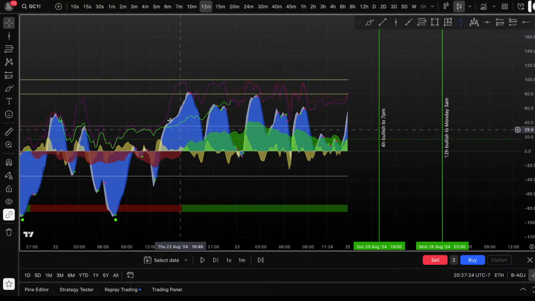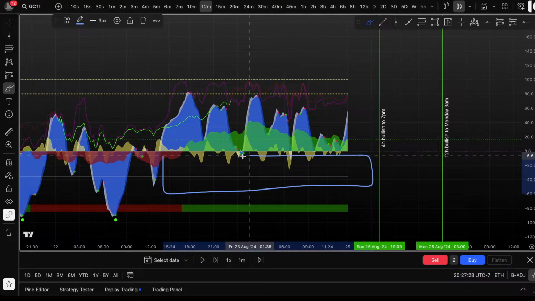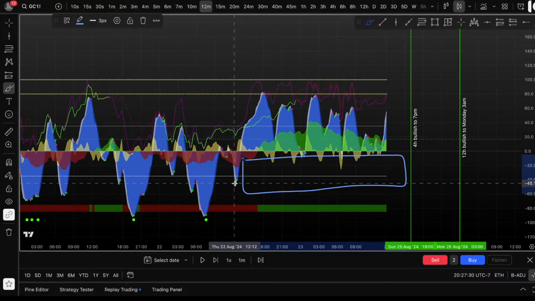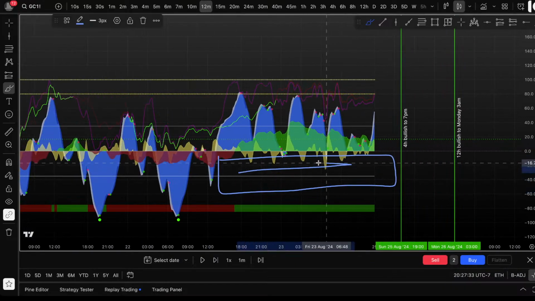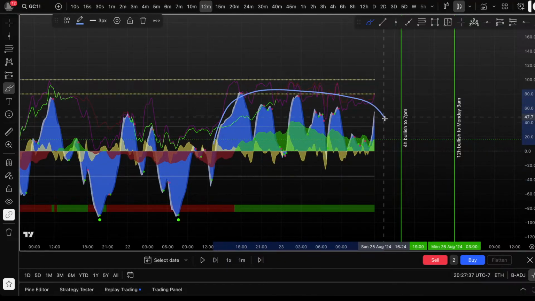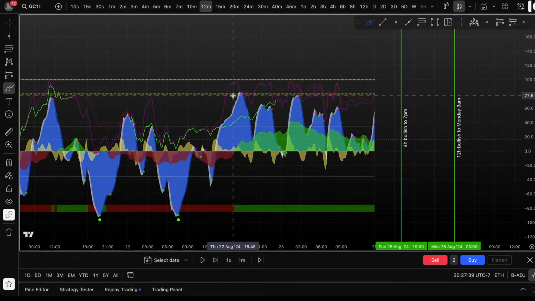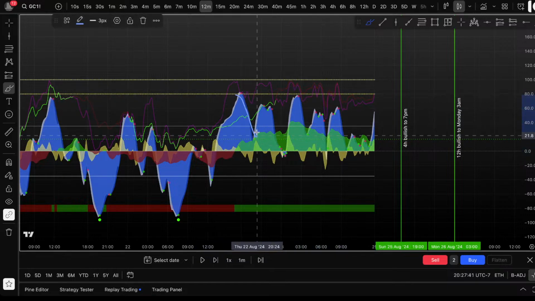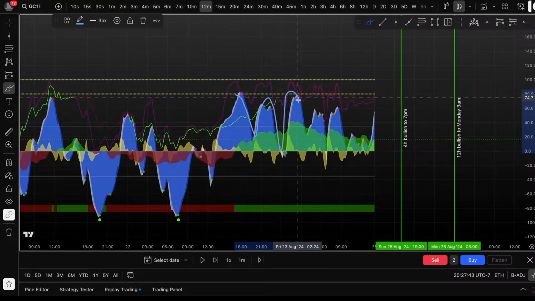Same on the 12-minute. Guys, this is bullish. See how there's no momentum waves down here? Where are they at? They're all up here.